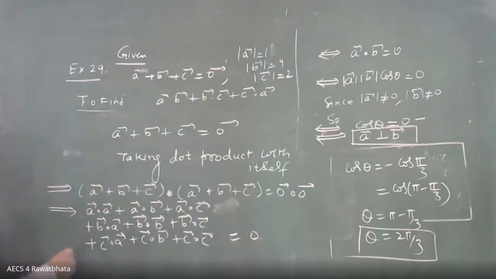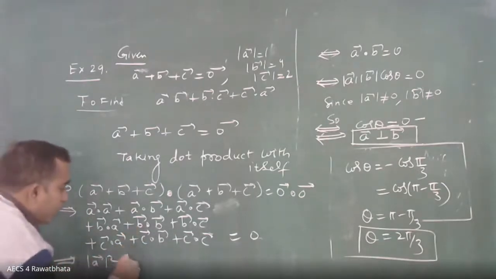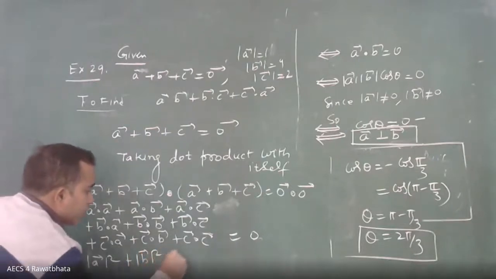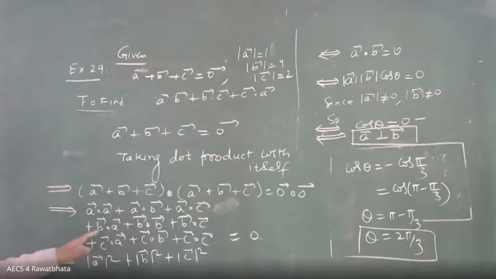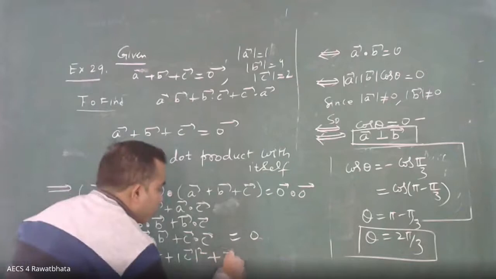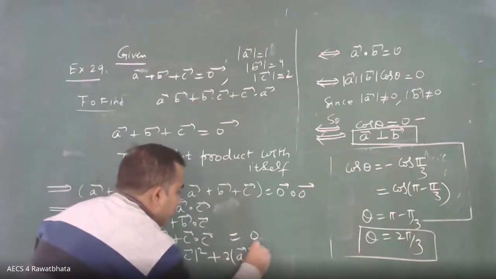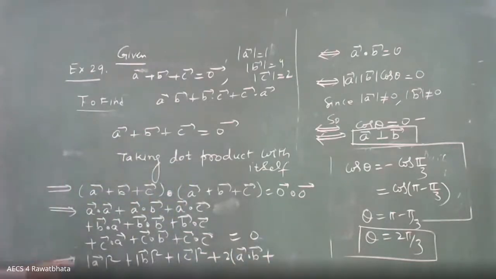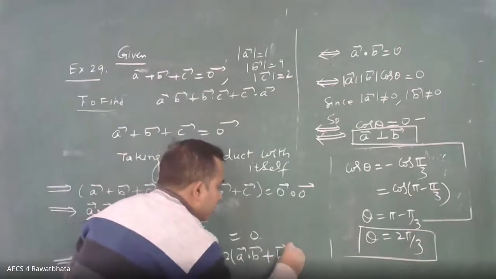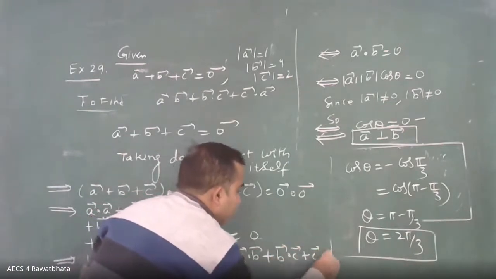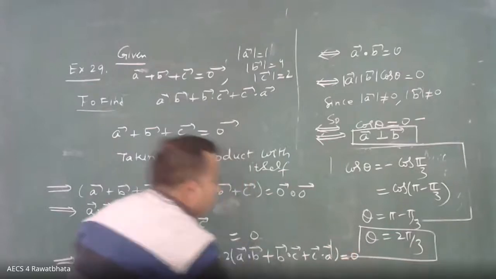Now A dot A will be modulus of A whole square, B dot B will be modulus of B whole square, C dot C will be modulus of C whole square. And A dot B and B dot A are same. So it will be 2 A dot B plus 2 B dot C plus 2 C dot A is equal to 0.